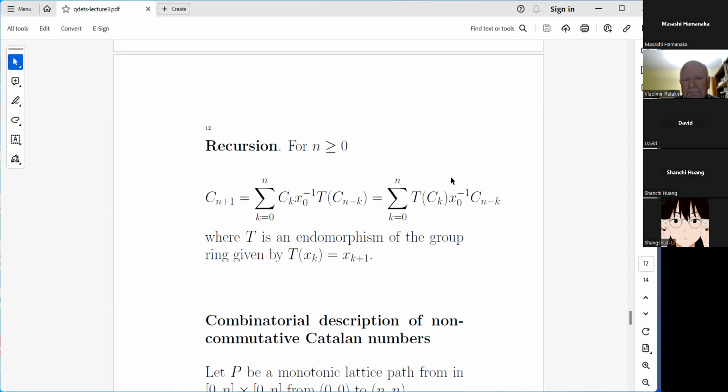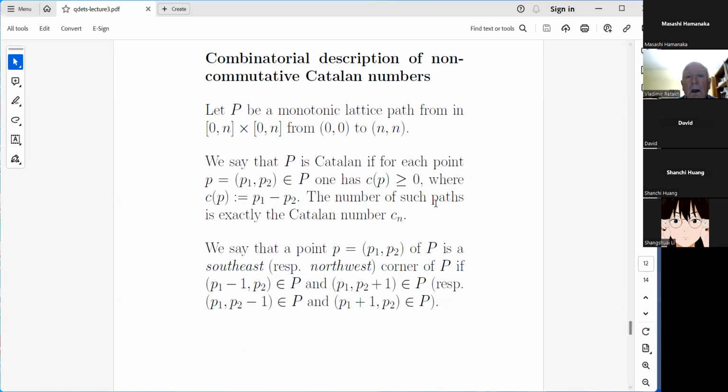Okay, now classical Catalan numbers have a combinatorial description, and I would like to discuss now a combinatorial description for non-commutative Catalan numbers.